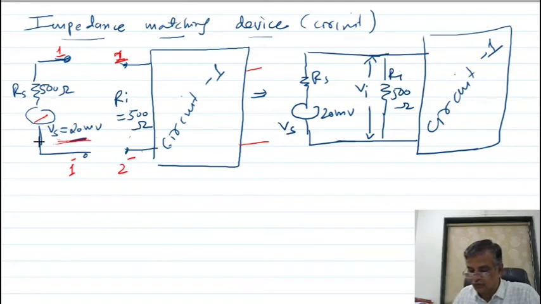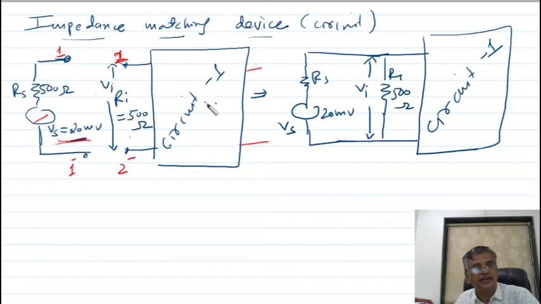Actually, how much do you want this Vi to be for this circuit? 20 millivolt. So with the source I have adjusted 20 millivolt. The resistance of this source is 500, and the resistance of this circuit is 500 ohm, suppose.